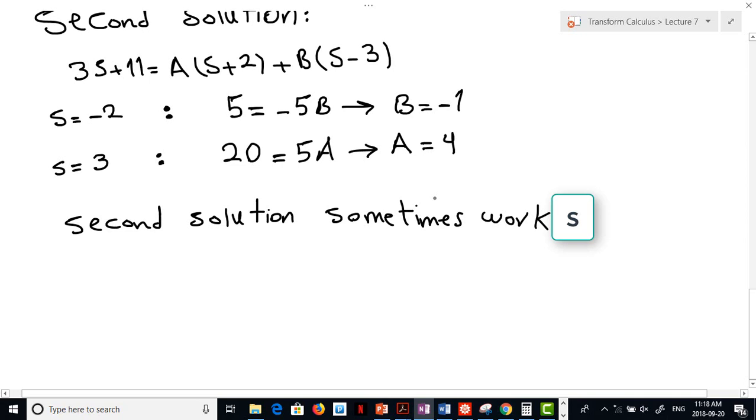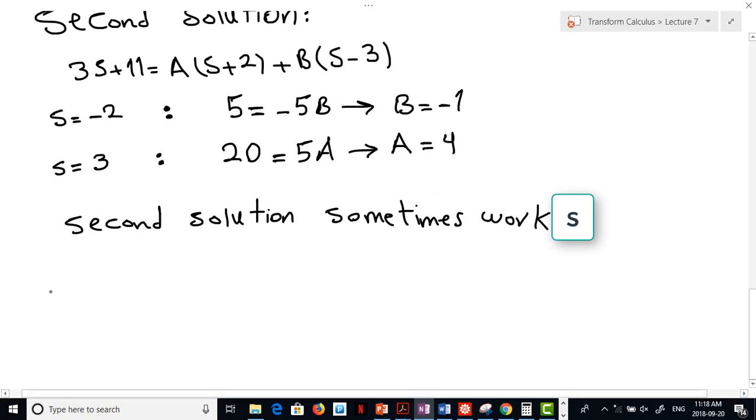What does it mean? It means that for some problems you cannot apply the second solution. If you apply the second solution, you will not end up with the result. But if you apply the second solution in one problem and you get the unknown coefficients, for sure your solution is correct. But for some problems, it's not doable to use the second solution. So in the next example, we can see when it's not practical to use the second solution.